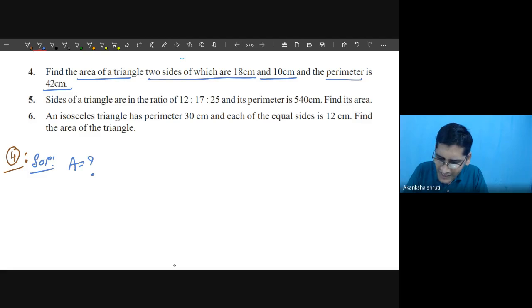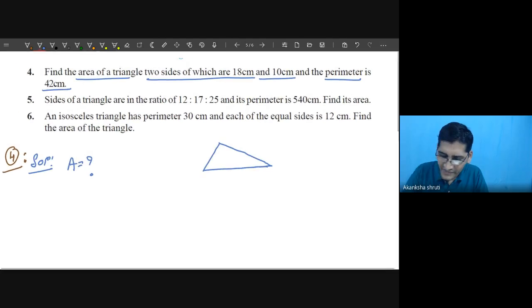Means you draw a triangle whose one side is 18 centimeter and 10 centimeter. Let us take this as 18 centimeter, this as 10 centimeter. Let me take this point as ABC. What is the BC length?